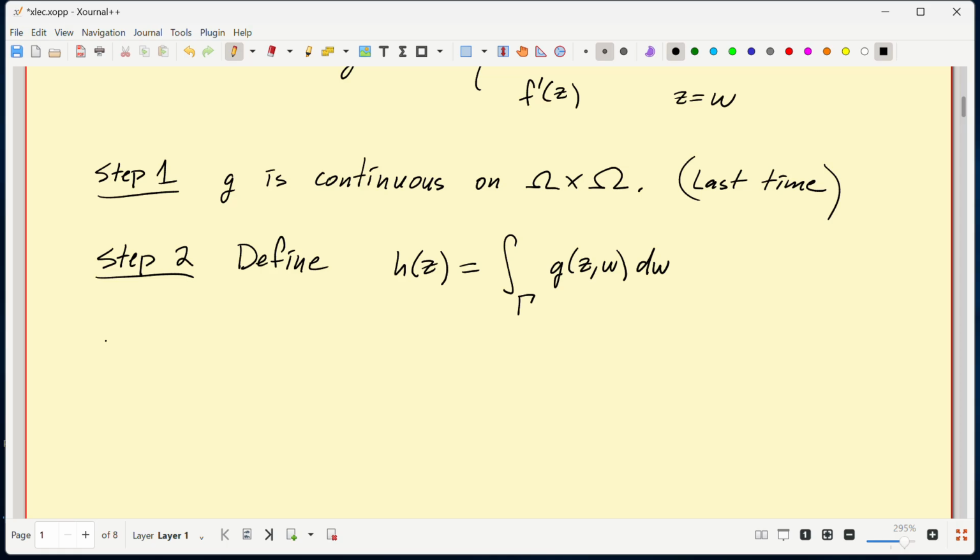So step 3 is to see that H is analytic. And this turns out to be sneaky and very simple without doing any analysis at all, hardly. It's going to be Morera's theorem. So show H is analytic on omega. It's going to extend to be analytic on the whole complex plane. Let's see. The first thing you have to do when you show that is show that H is continuous on omega.